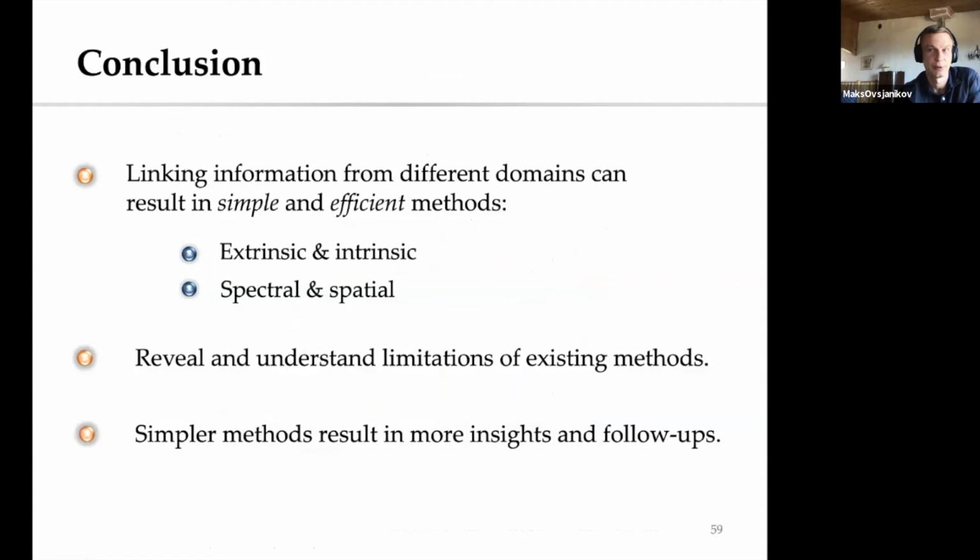For example, in this shape interpolation, we explicitly model the intrinsic information and the extrinsic information, and then we create explicit links between them. This seems to work well compared to trying to model everything jointly. Similarly, for shape correspondence, it seems useful to have some representation that is spectral and some representation that is spatial, and try to construct links between these two.